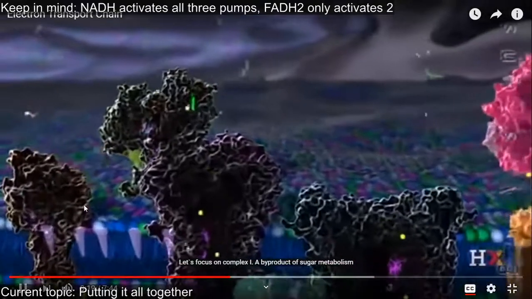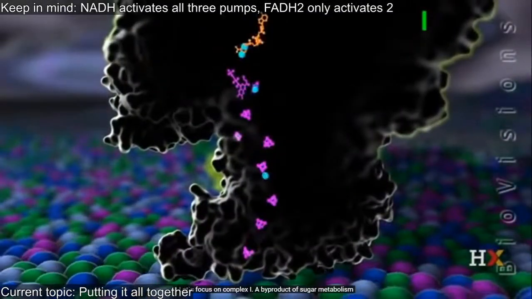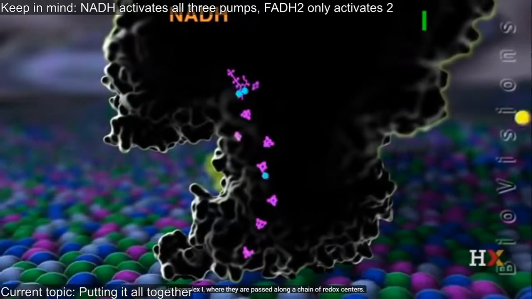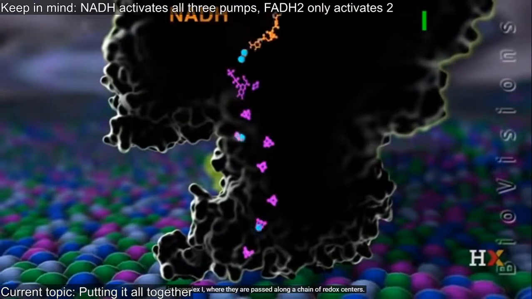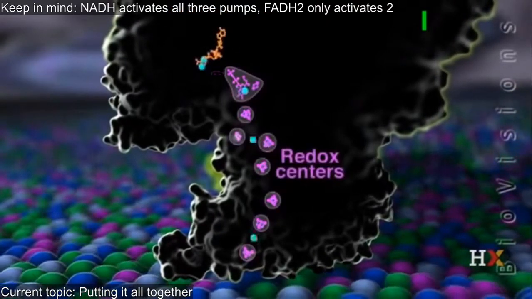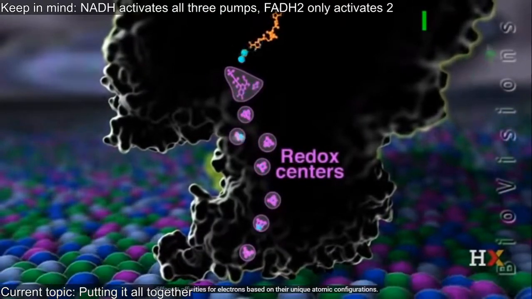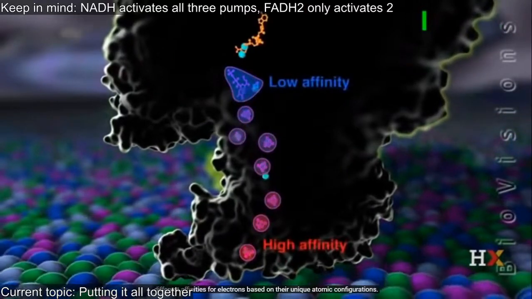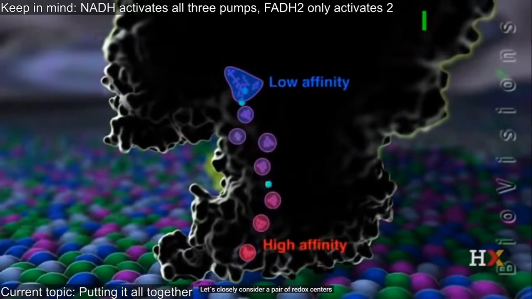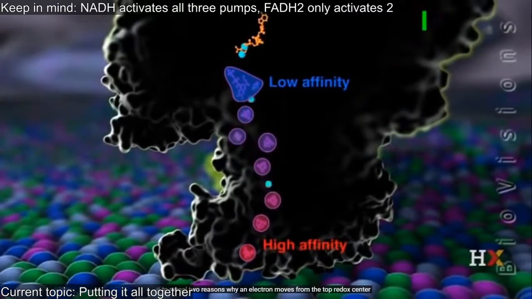Focus on complex 1. A byproduct of sugar metabolism called NADH deposits 2 high-energy electrons in complex 1, where they are passed along a chain of redox centers. Redox centers are clusters of atoms that have different affinities for electrons based on their unique atomic configurations. Let's closely consider a pair of redox centers to reveal 2 reasons why an electron moves from the top redox center to the bottom.